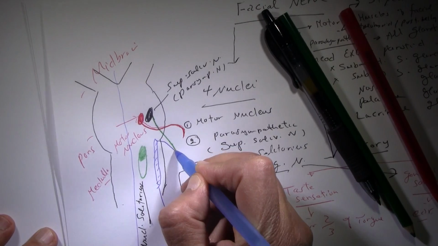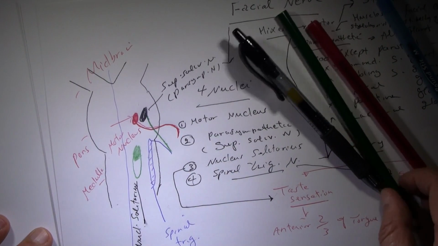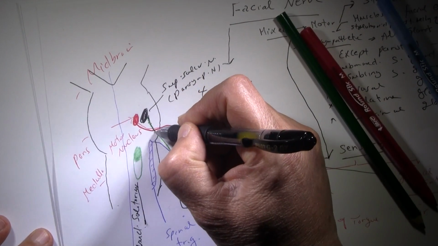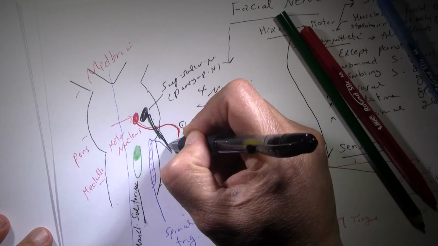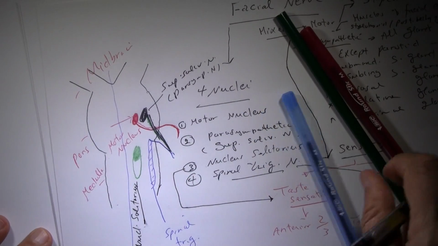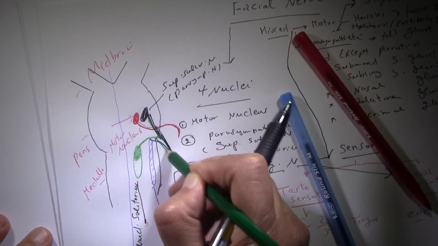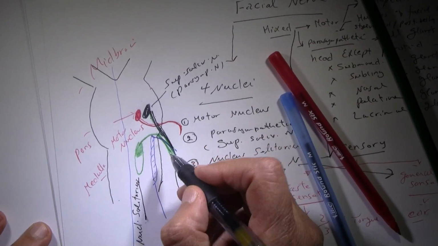This root is called the nervus intermedius. You have parasympathetic and the two kinds of sensory fibers, and all of them join each other to form what we call the nervus intermedius.